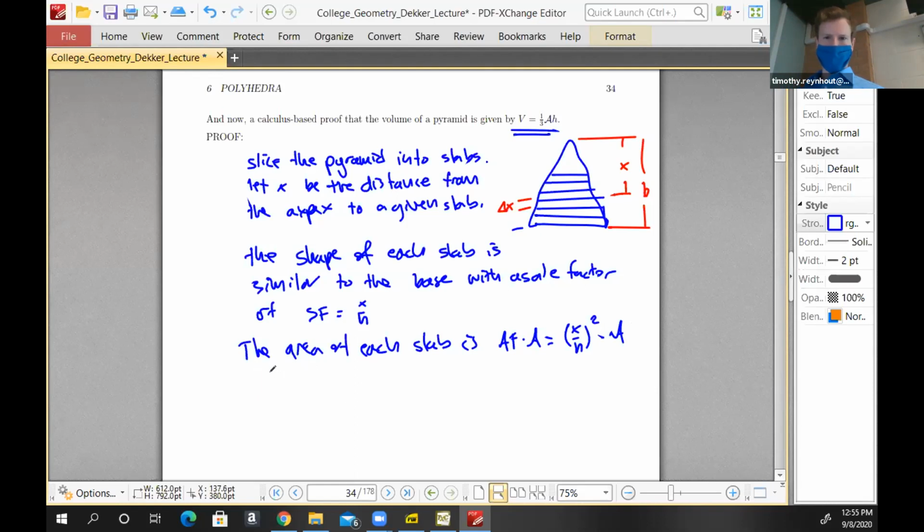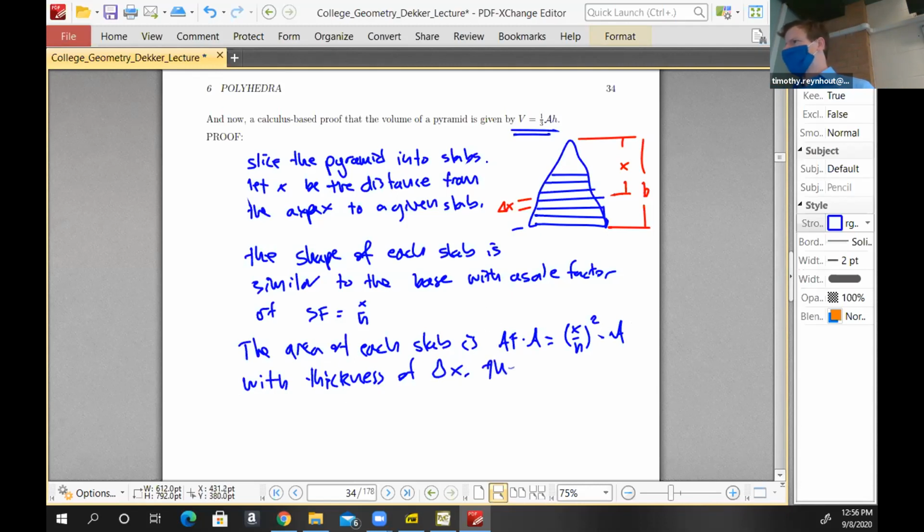Each slab has a thickness of delta x, as we said earlier.